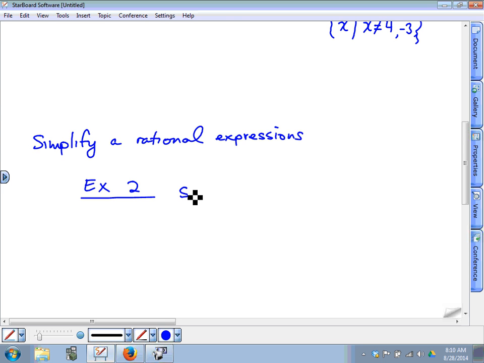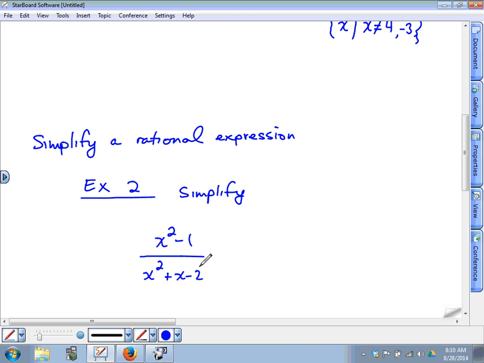Simplify the expression x squared minus 1 divided by x squared plus x minus 2.